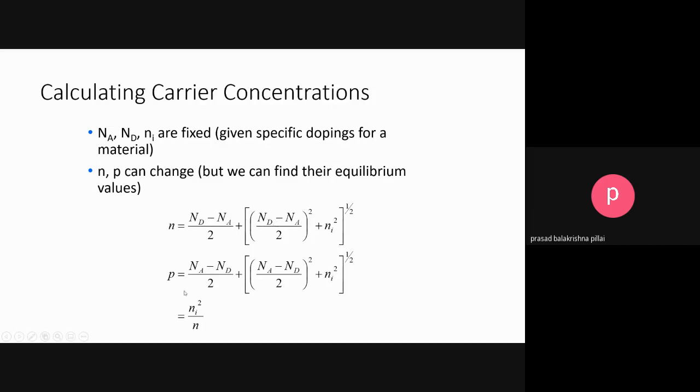Similarly, for a p-type, using the same argument, if the doping density is high as compared to the Ni, then we can say that the hole concentration will be nearly equal to Na.